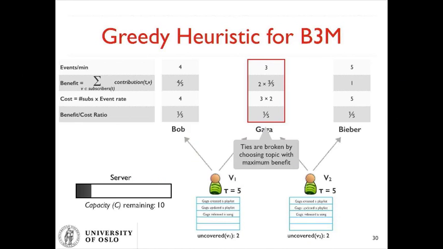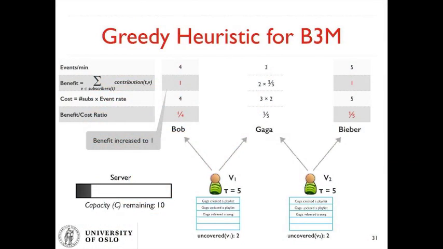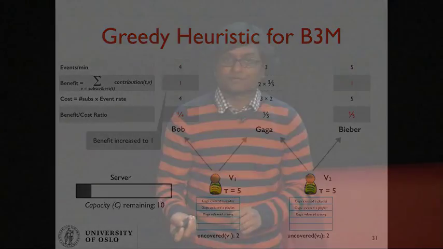In this case, we have a tie. We break ties by choosing the topic with the most absolute benefit. In this case, it's Gaga. When we select Gaga, the covered part is 3 and the uncovered part is 2 for the given satisfaction threshold of 5. One more thing I didn't mention is that there is also a server capacity, and as we select more and more topics, the capacity decreases.